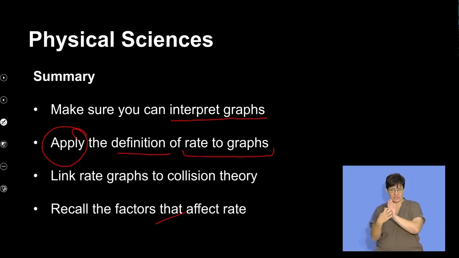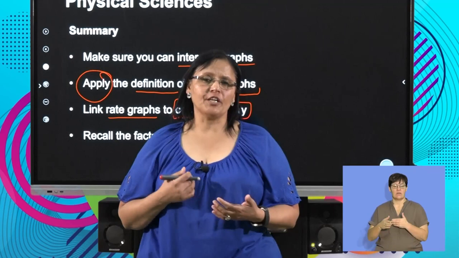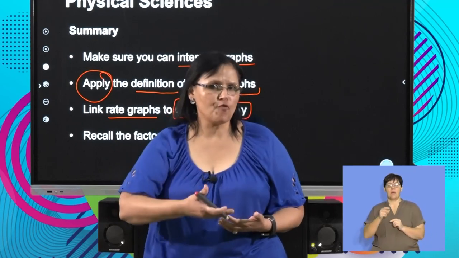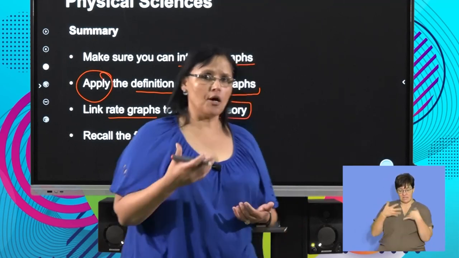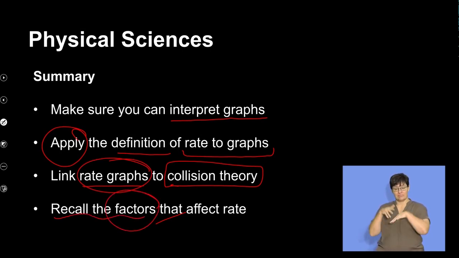And remember, you also will link that up to the collision theory, that graphs will be linked to the collision theory on a sub-micro level, and that is where you will talk about more effective collisions per unit time, faster rate of reaction. So you need to bring that back and link it to the graphs, and obviously for rates of reactions, you must try and always recall the factors that affect the rate.